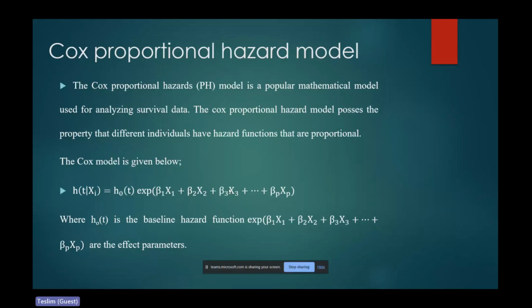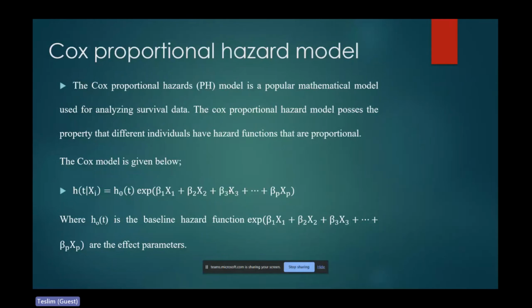Then the exponential of b1 x1, b2 x2, up to bp xp. These are the coefficients of the various covariates. That means the patient you are studying, whether survival of patient or time to marriage or time to admission, depends on what you are studying. So h naught is the baseline hazard function.